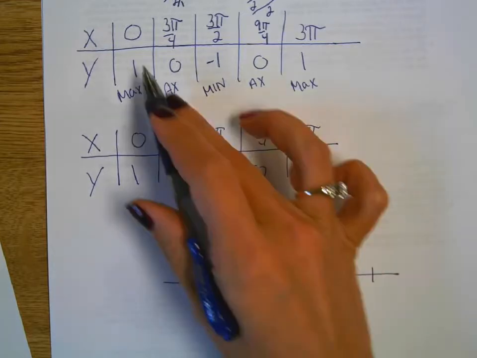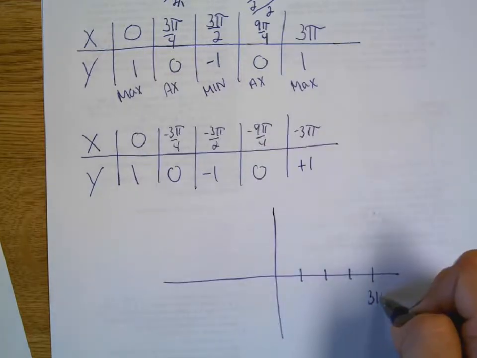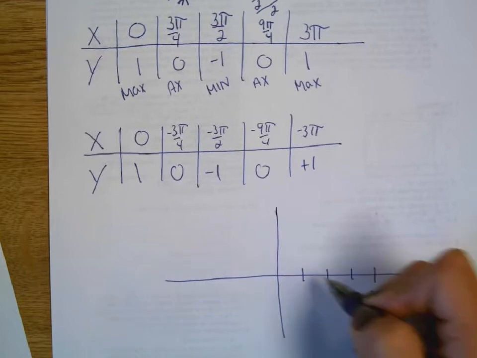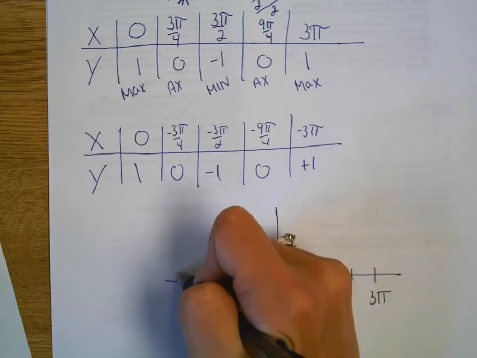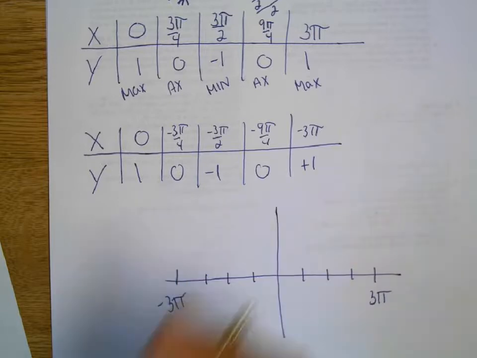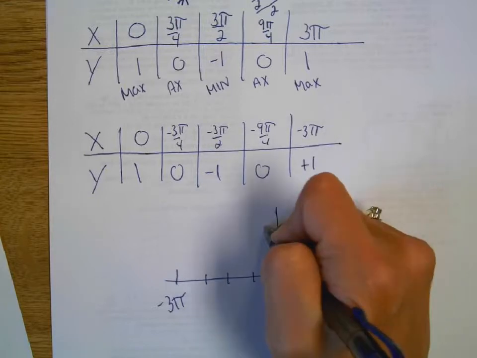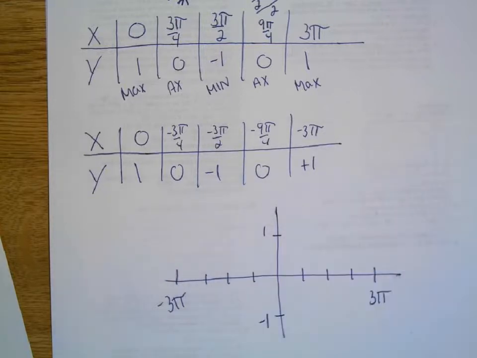This time I'm not going to write all of them in. My last one's going to be 3 pi. They are all 3/4 pi apart. So sine y's do switch. Yes, because that doesn't have a line of symmetry. So cosine is starting high.